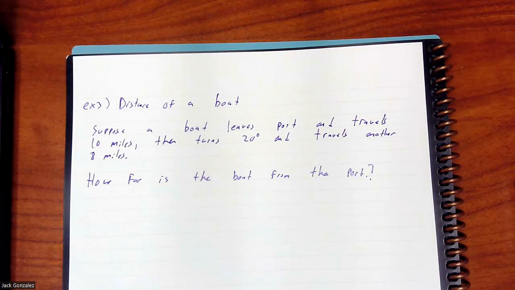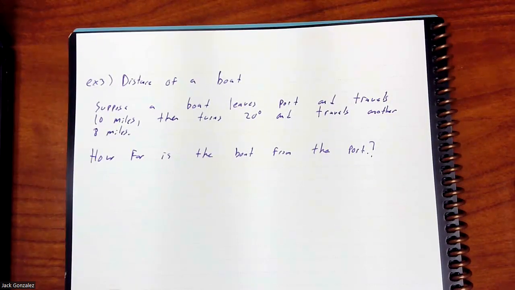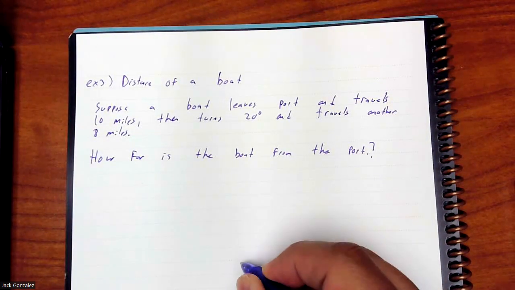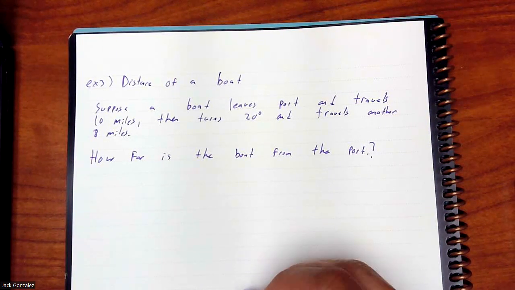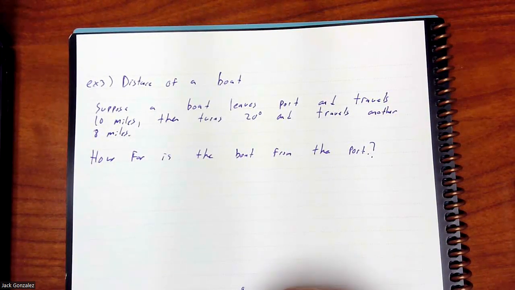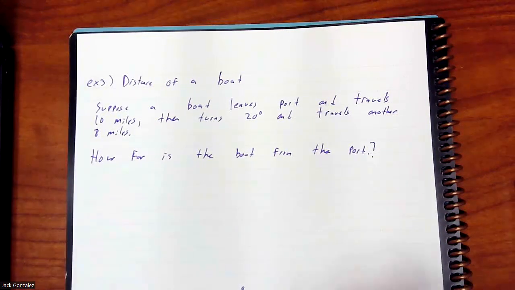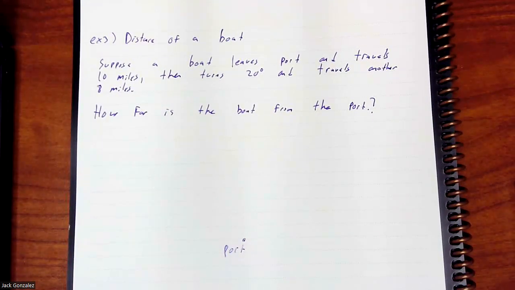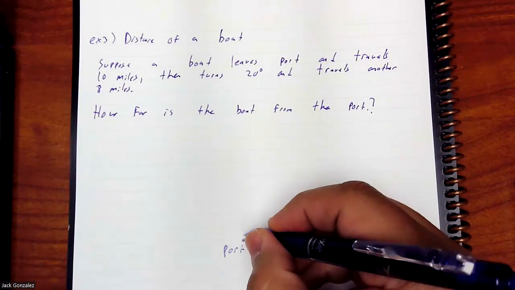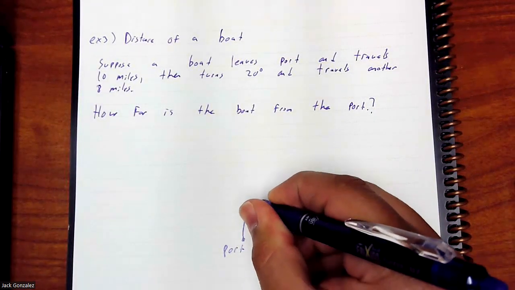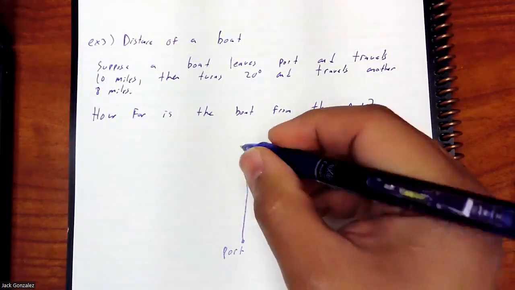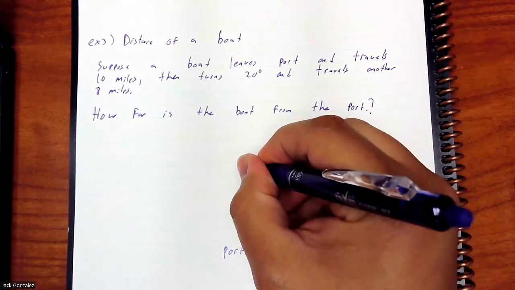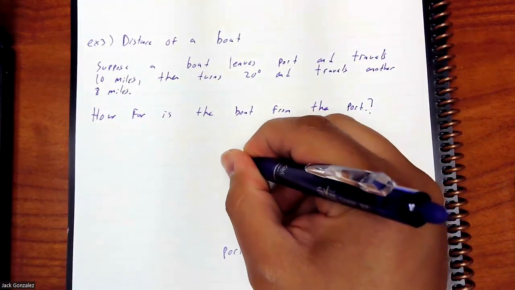So try to picture this. I think the best way to do it is draw what's happening and create a triangle. It can be drawn many different ways. I'm going to draw the simplest way I can picture in my own head. Let's say I'm at port over here, and I leave for 10 miles. Suddenly I decide to turn 20 degrees this way.